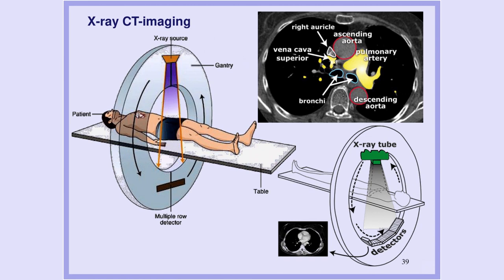The image is displayed on a TV screen to produce a picture of the slice scanned with variable contrast and brightness. It can be stored in the computer memory and used to construct a slice in a different plane in combination with all other pixel data.